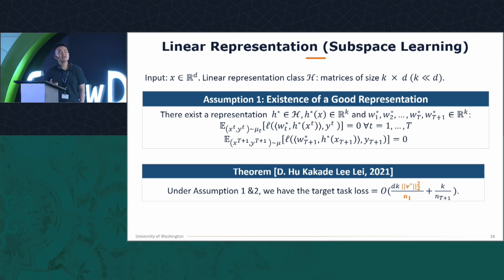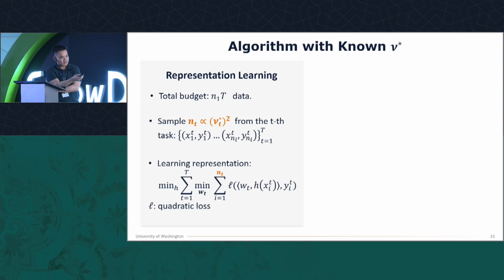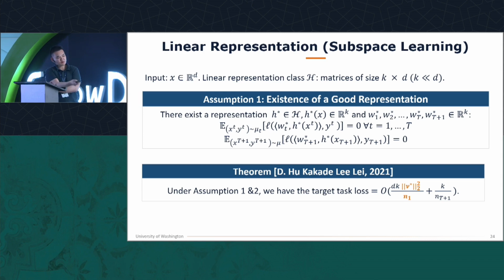You don't really need the full rankness of W star. Then you can have a bound like this: it's d k times the nu star norm squared divided by n_1, plus this second term. Here I want to do some active learning to further improve this bound from the theoretical point of view. And later I'll show you some experiments as well.